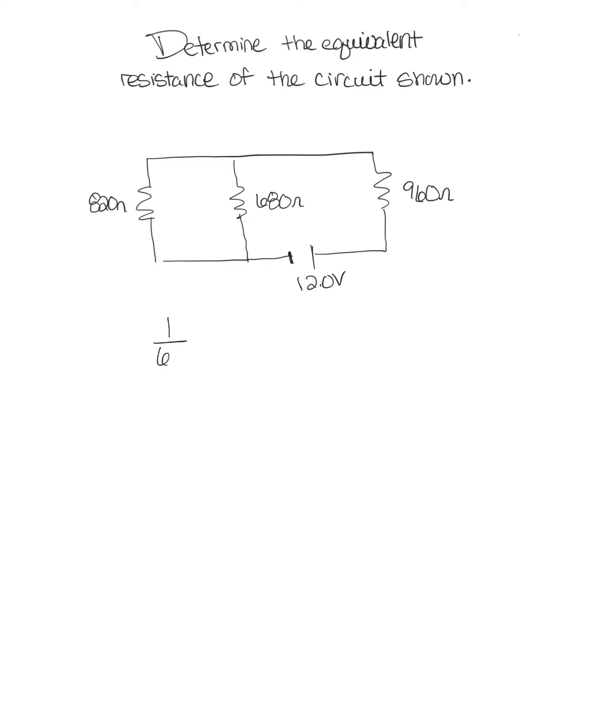So we have 1 over 680 ohms plus 1 over 820 ohms. Then we have to take the reciprocal of that, plus how we would add for series, 960 ohms, equals, let's put that in our calculator, and I get 1331.733, and that's going to be repeating.